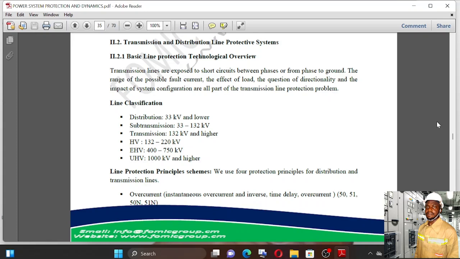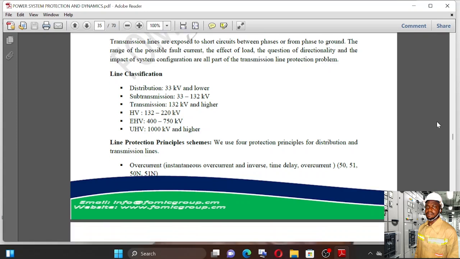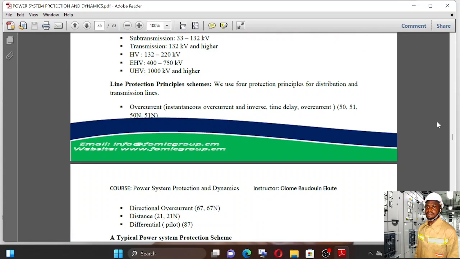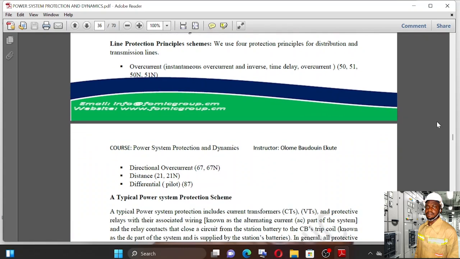Secondary transmission is from below 132 kilovolt down to 33 kilovolt. Below 33 kilovolt, we have distribution. We also have voltage level classification, what we call high voltage, extra high voltage, ultra high voltage, medium voltage, and so on.